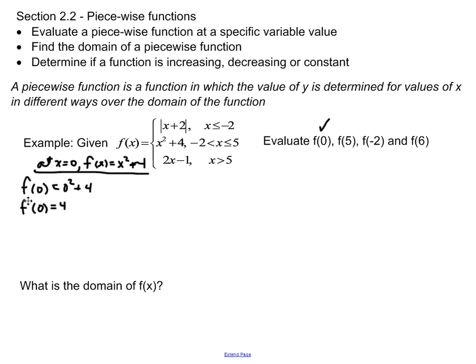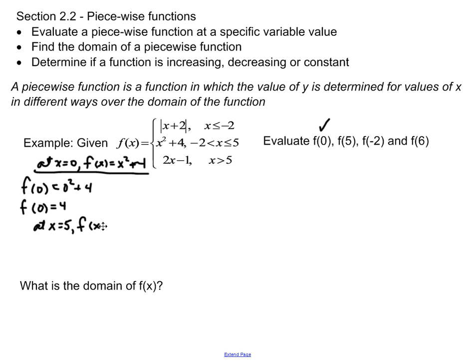How about f of 5? Well, at x equals 5, we ask what does f of x look like as far as x is concerned? It says when x is less than or equal to 5, so that includes 5, it still looks like x squared plus 4.